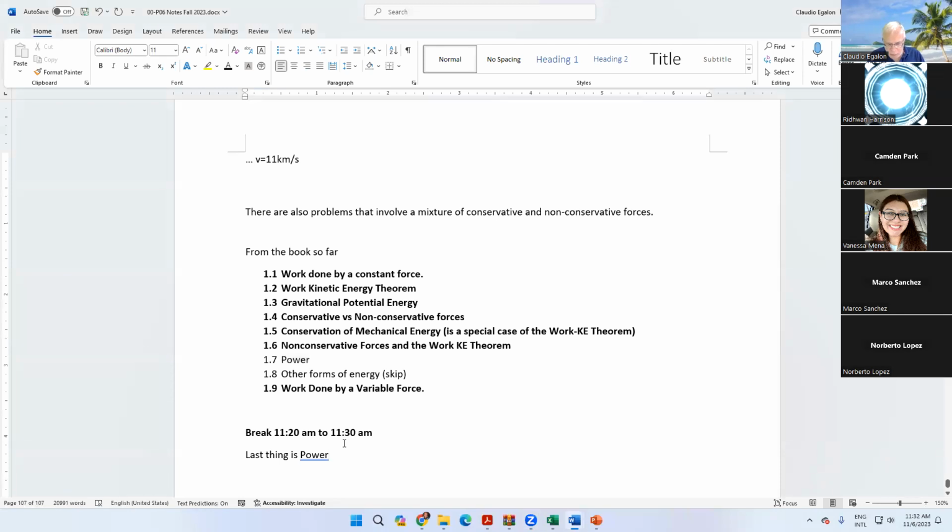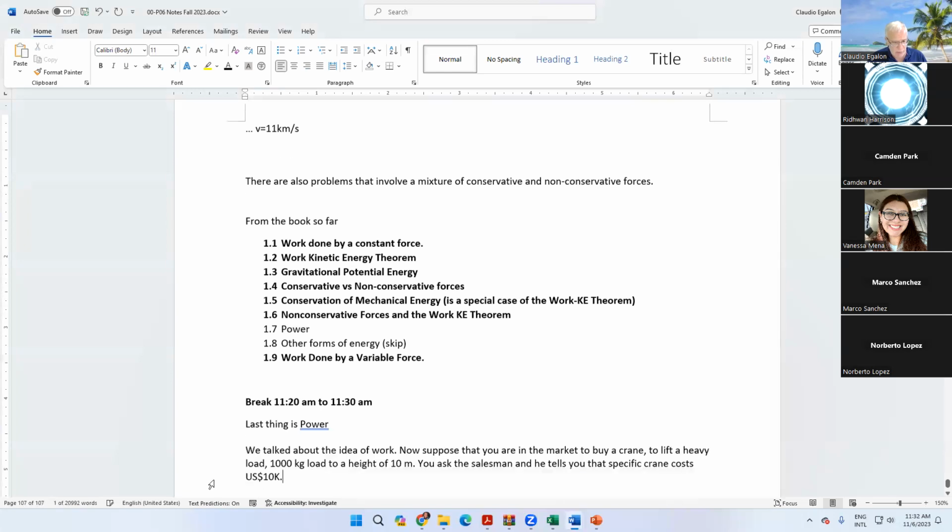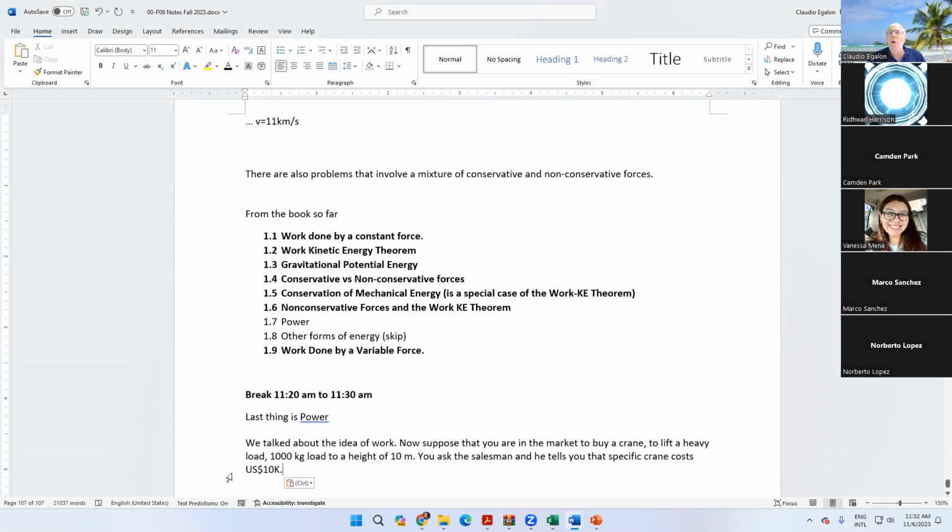Okay, think about this idea of energy. It is closely related to the amount of work that a machine can make.